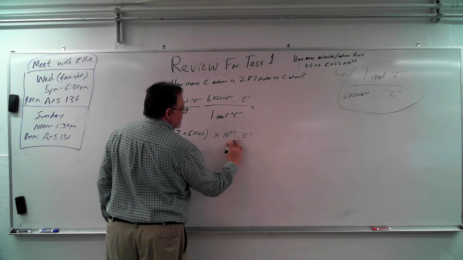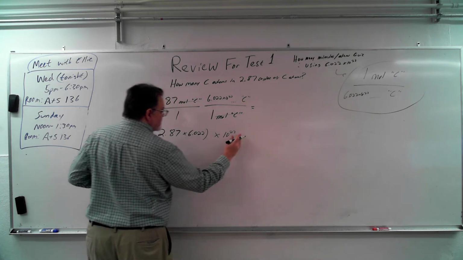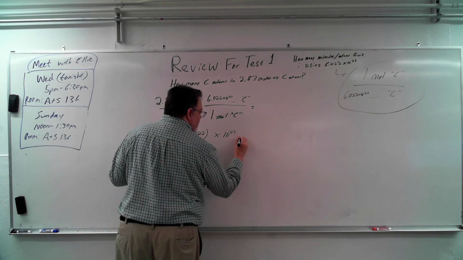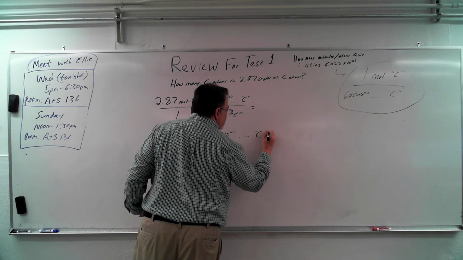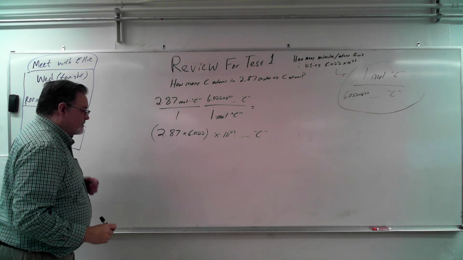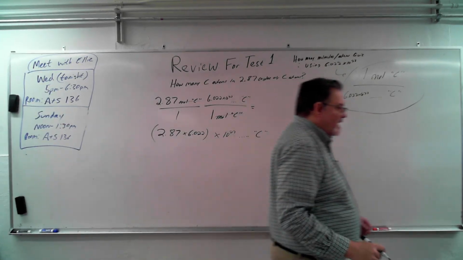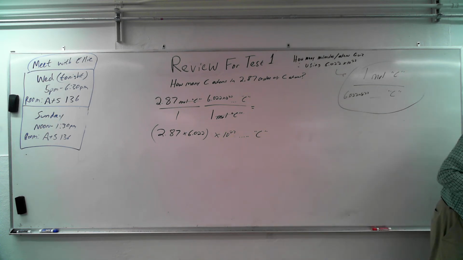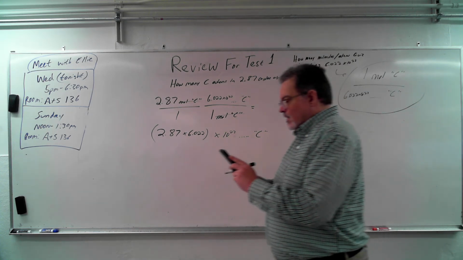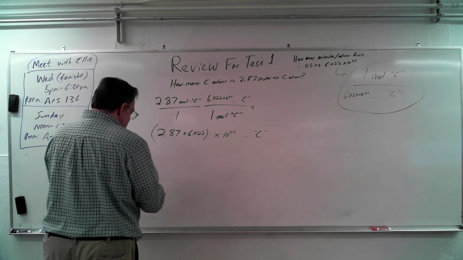Moles of C, no unit here. This is all numerical value. No unit, C atoms. So I'll calculate that part first and only deal with the powers of 10 if I have to do scientific notation.